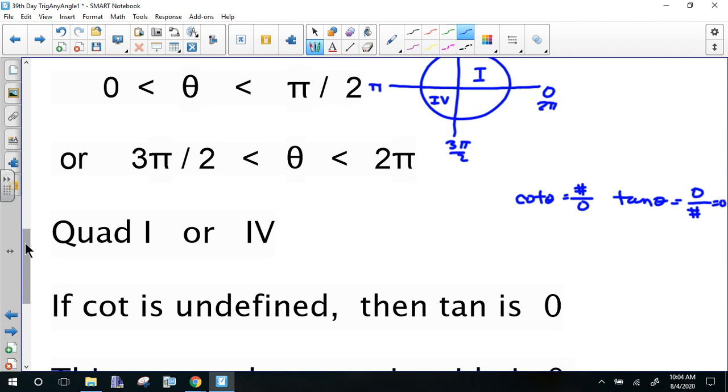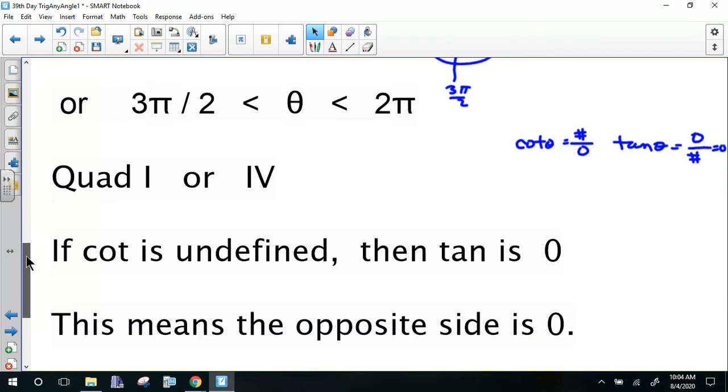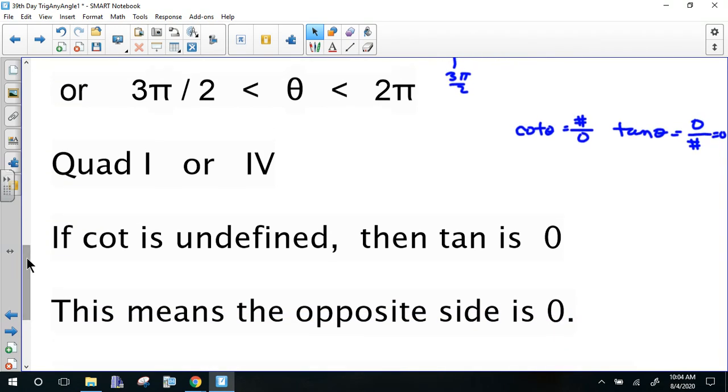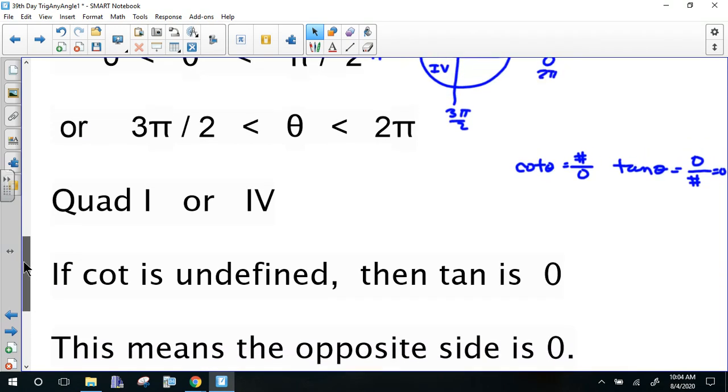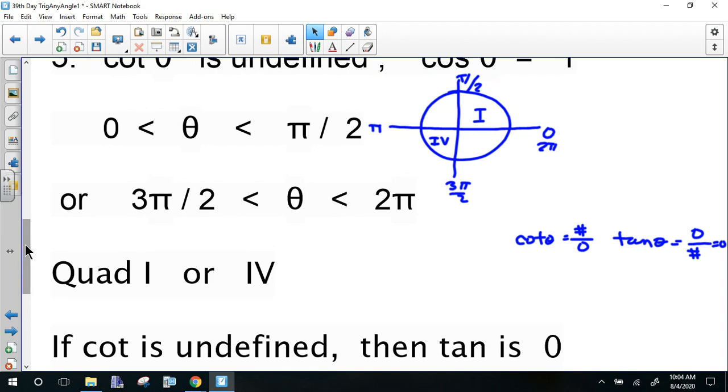So that equals 0. That means the opposite side has to be 0. So that means this point has got to be on the axis.